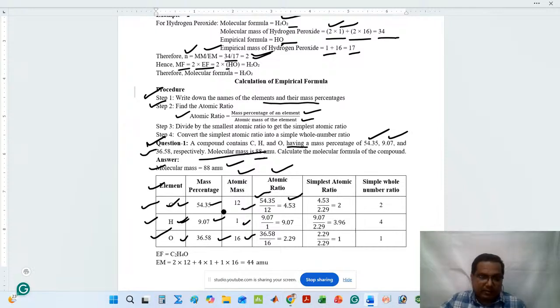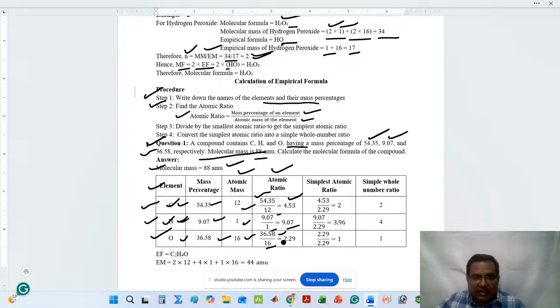Similarly, for hydrogen, the mass percentage of hydrogen is 9.07, and the atomic mass of hydrogen is 1. After solving, you can find 9.07. Next, for oxygen, the mass percentage of oxygen is 36.58, and the atomic mass is 16.